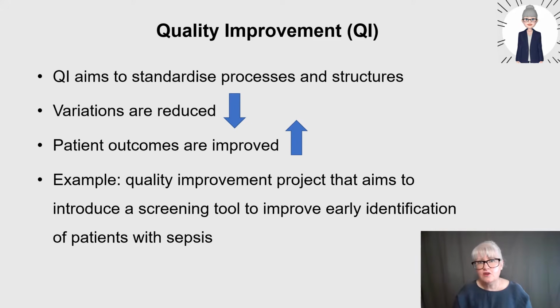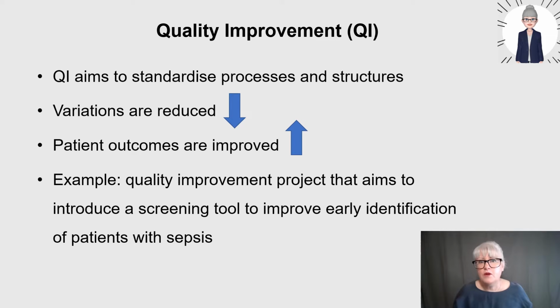So if we firstly look at the concepts of quality improvement, very simply, quality improvement aims to standardise processes and structures. So variations are reduced in processes, systems and practice, and that leads to patient outcomes being improved in some way.